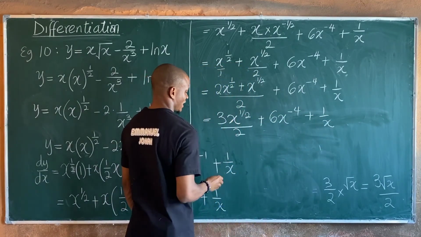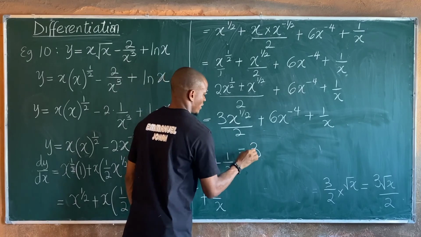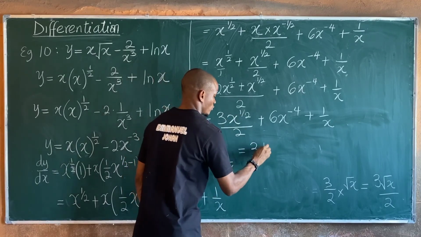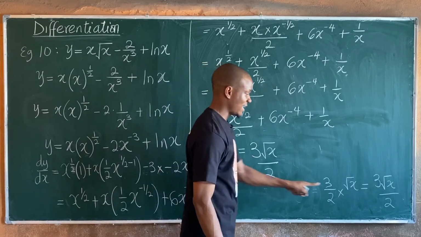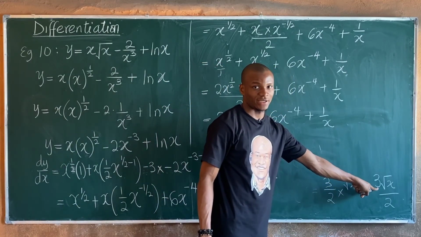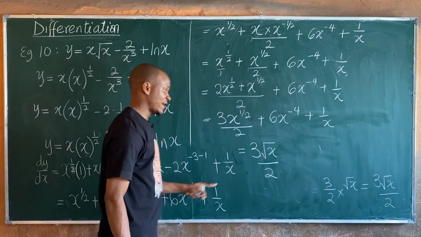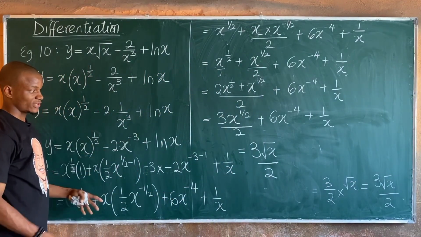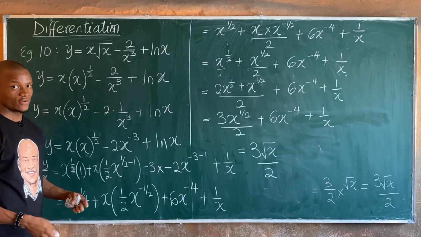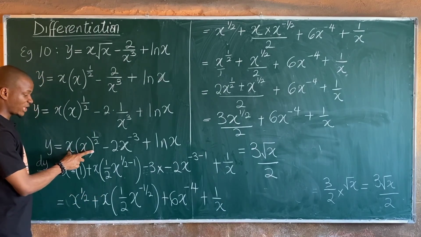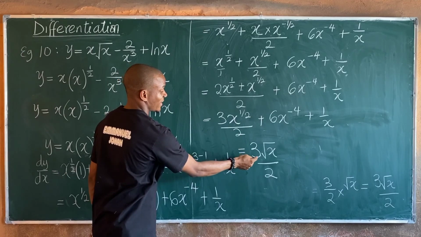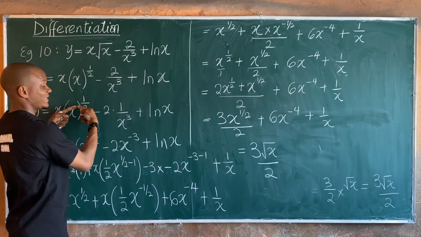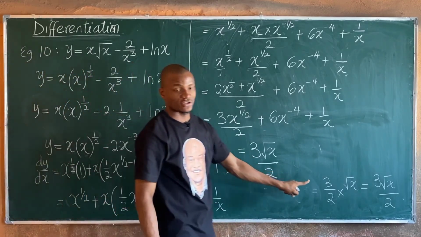I can write this in index form as being equal to 3 times x power 1 over 2, which is root x, all over 2. And observe, this is the same answer as when I used my general method initially. So it's the same answer. I just took the longer method so that you could see alternative ways of doing it. At this point, you can use product rule as I did here, and you still have the same answer as if I combine them initially as I did using the general method.